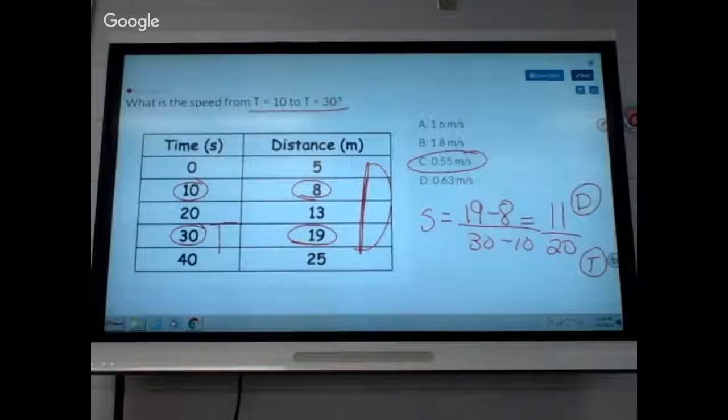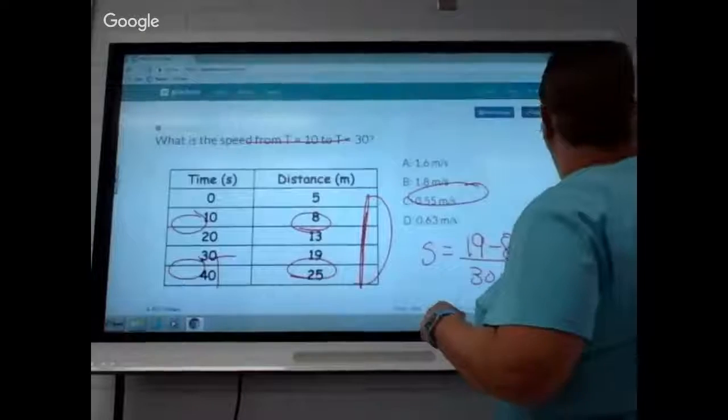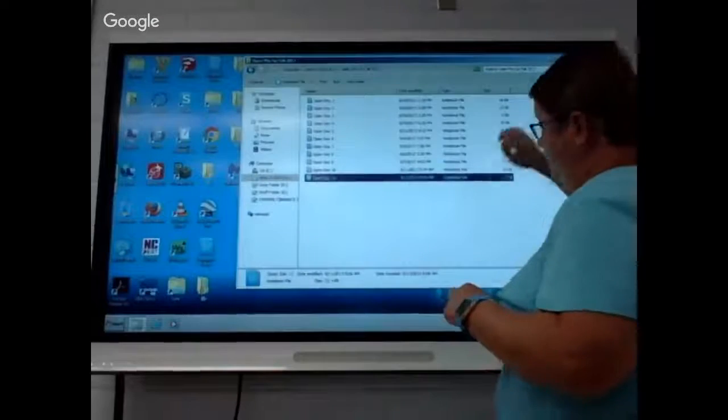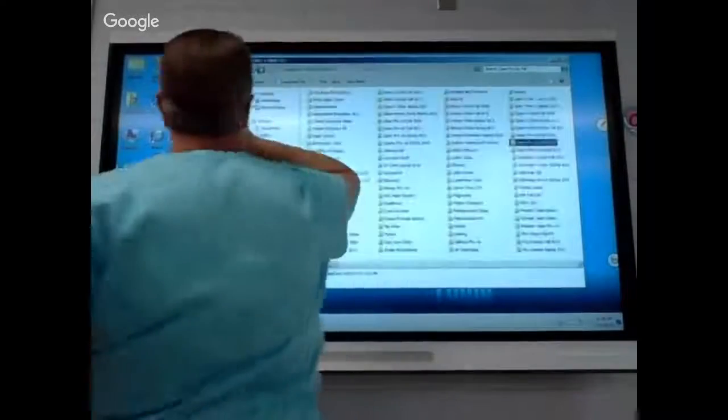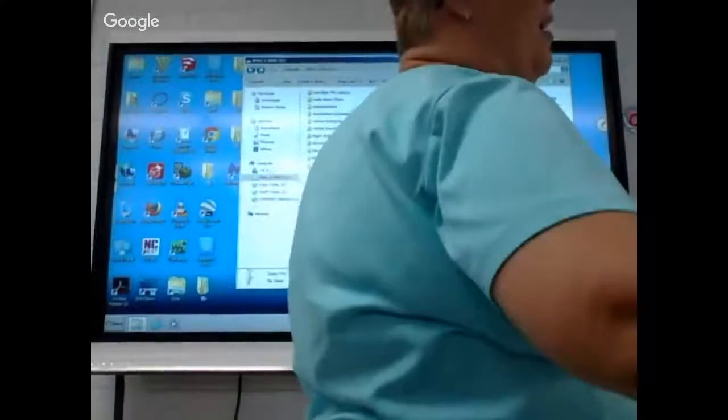All right, put your cards on my desk and then find your notes. We're going to do momentum so we can talk about the lab. Put them on this desk right here. Robert Murphy, put them over here. I already said that like twice.